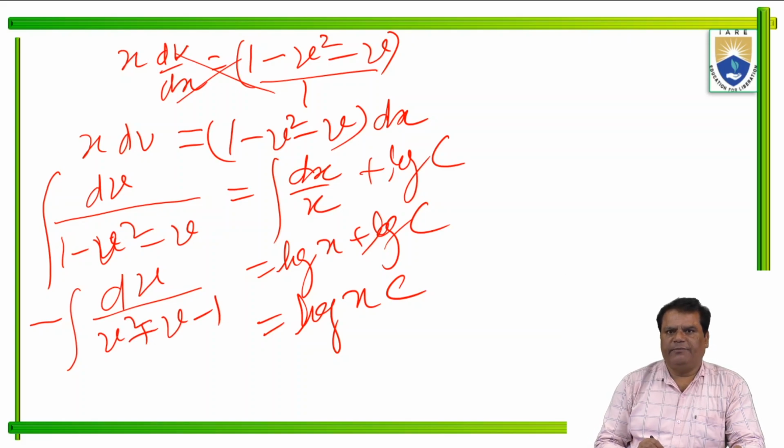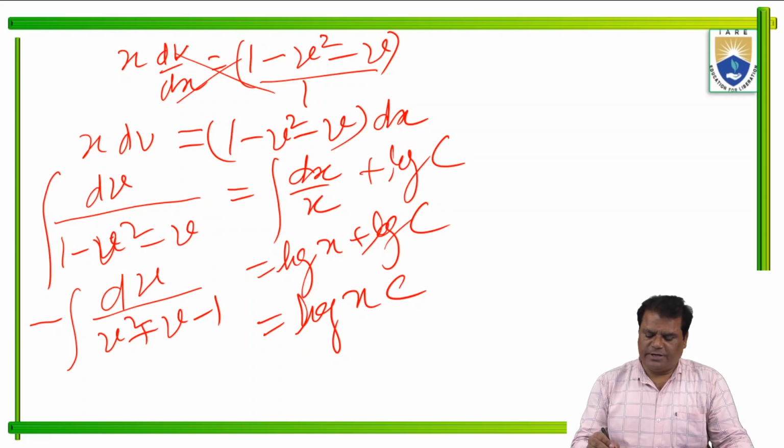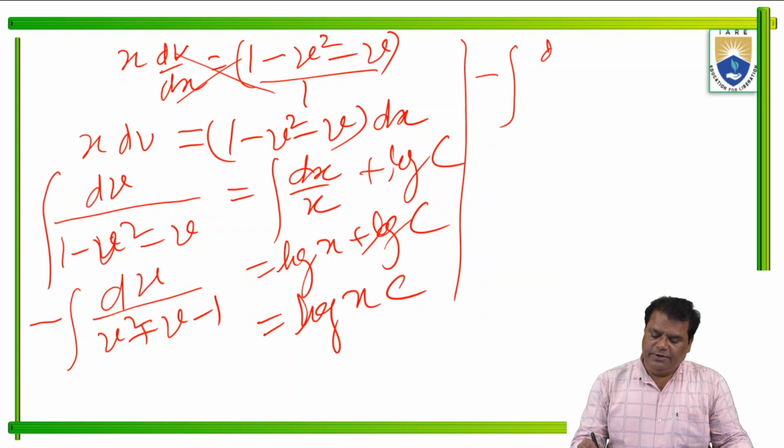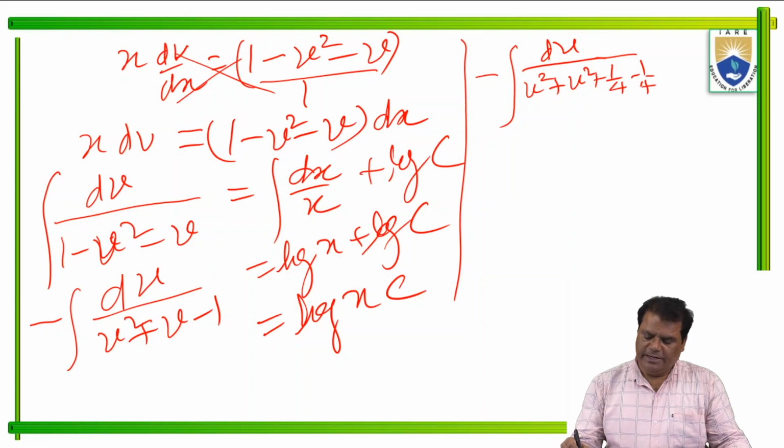Integrating by making a perfect square: minus the integral of dv upon (v square plus v plus 1/4 minus 1/4 minus 1) equals log xc.